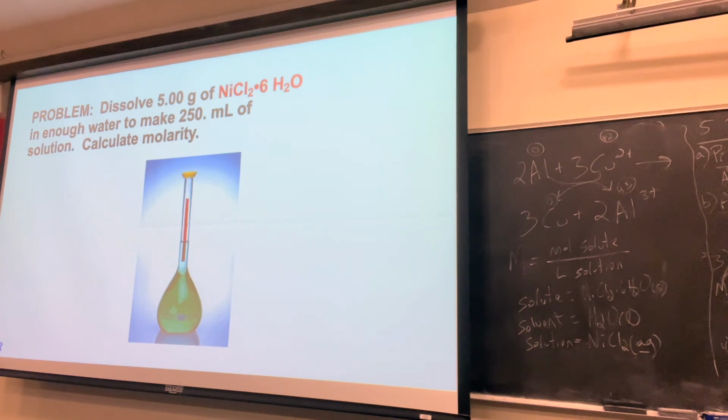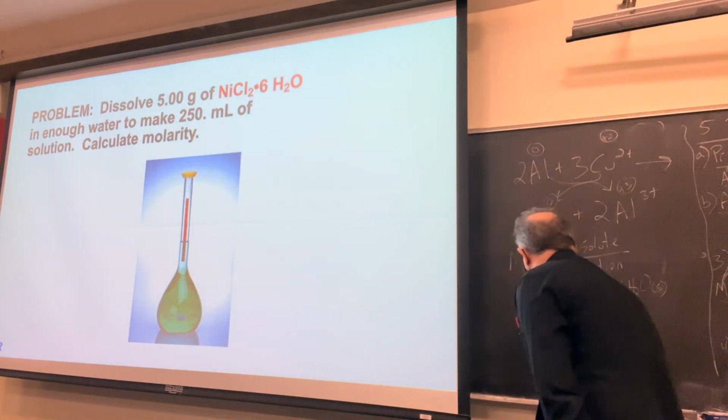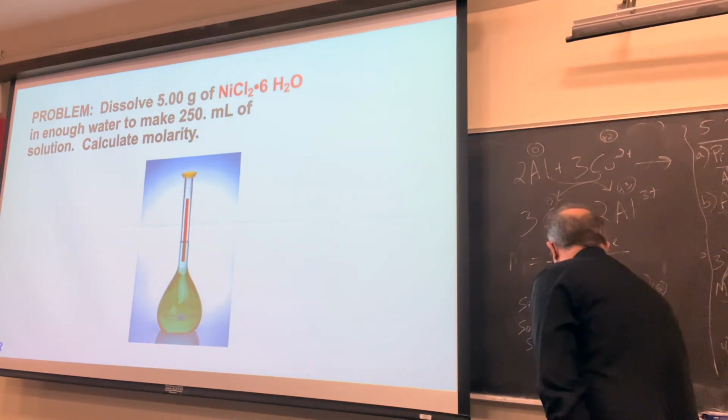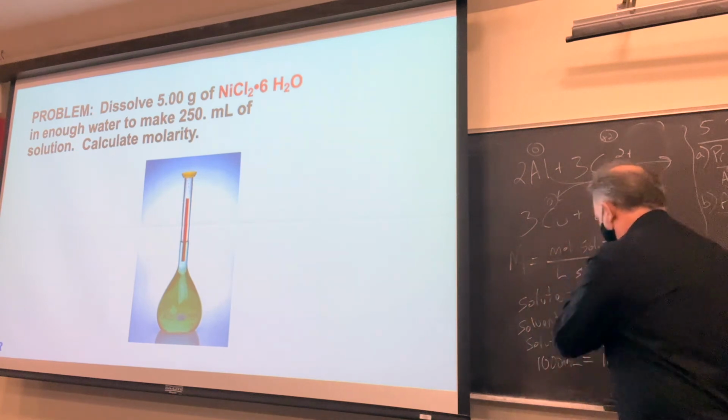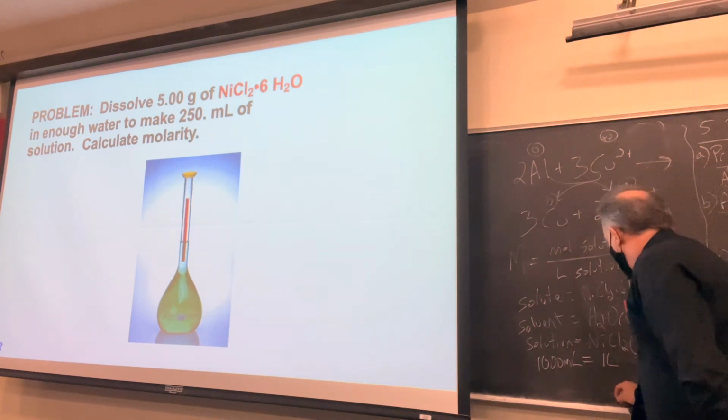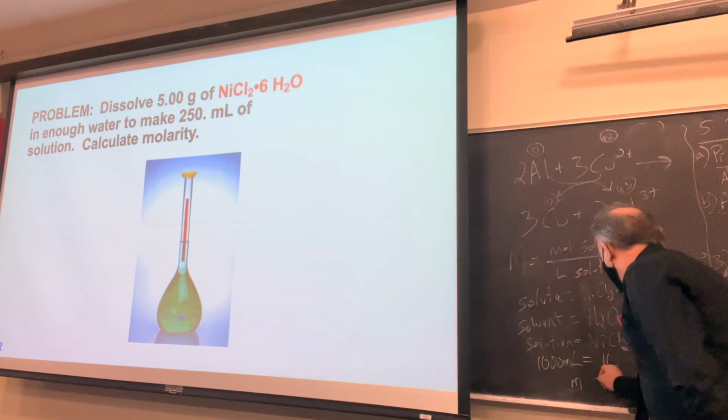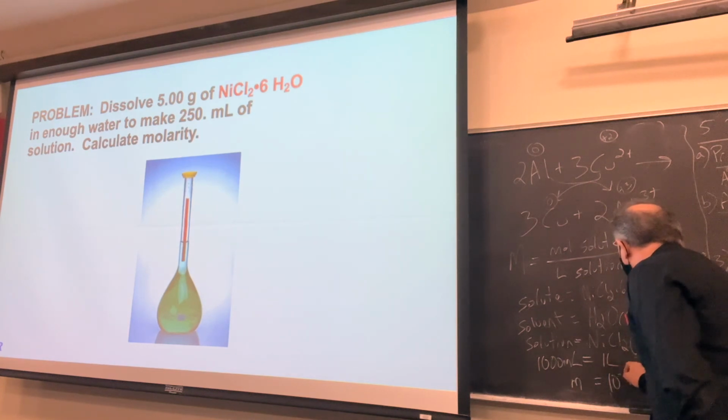And the final thing, which is going to be really important, is you need to know how many milliliters are in a liter. How many milliliters are in 1 liter? 1,000, that's right. 1,000 milliliters equals 1 liter. Now, another way to say this, remember that milli is 10 to the minus 3.